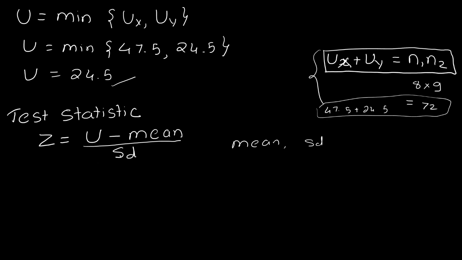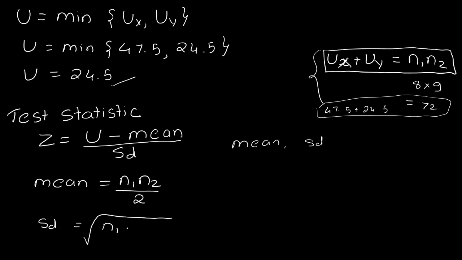Now for this, in such cases for the Mann-Whitney test, my mean is defined by n1 n2 by 2. And the standard deviation is defined by the root of n1 n2 into n1 plus n2 plus 1 divided by 12.